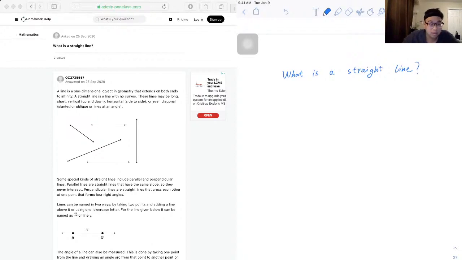A straight line is a one-dimensional object in geometry that extends on both ends to infinity. So let's write that down first.